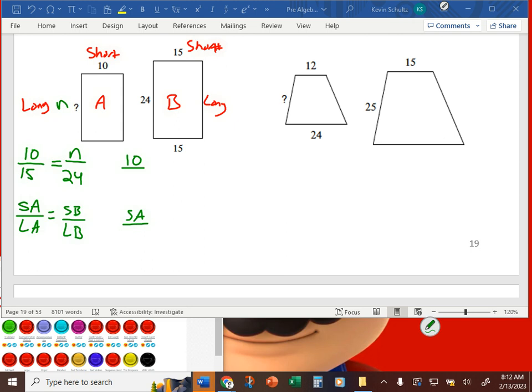Here we line up our A's vertically, right? And our B's vertically. So in the second option, we're going to line up our shorts vertically and our longs vertically, right? So short A over short B.